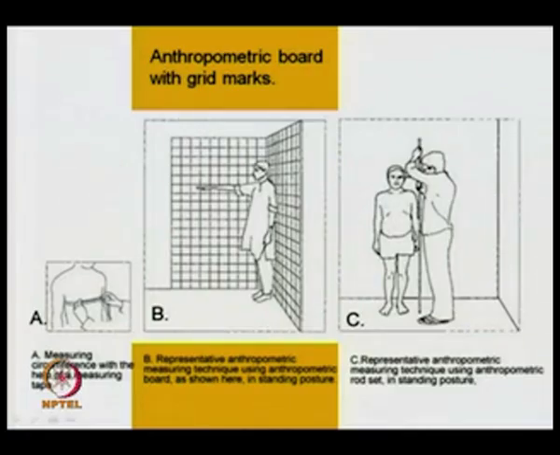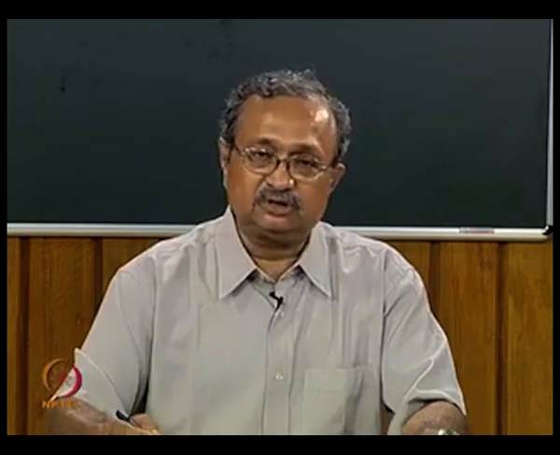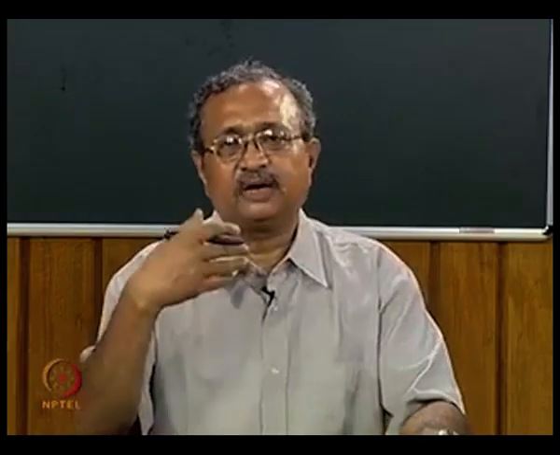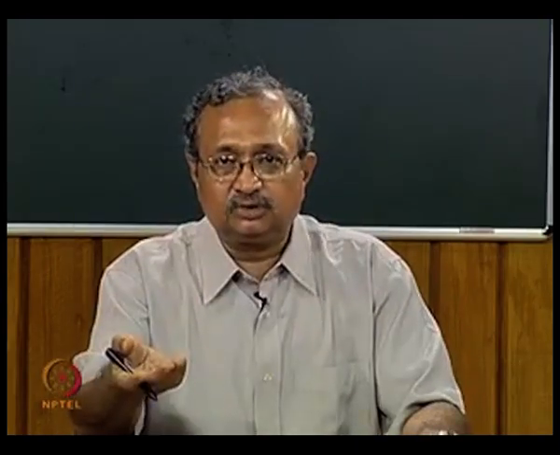grids. So, this figure B is a representative anthropometric measuring technique using the anthropometric board in standing posture. Here, in different bending postures, reach values etcetera can also be measured using this board, and there may be varieties of anthropometric boards we can use.